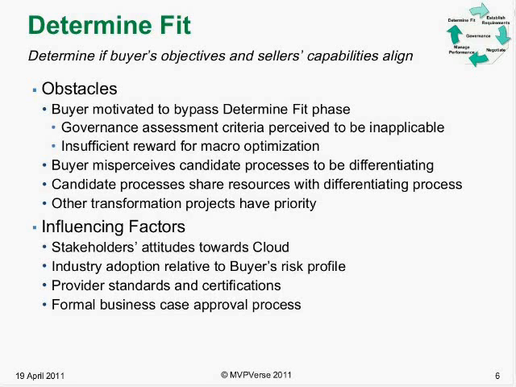Another obstacle in determining fit is a mismatch between the nature of the business situation and the reality of its position within the company. When we talk about a differentiating process, the differentiating process is the company's special sauce.